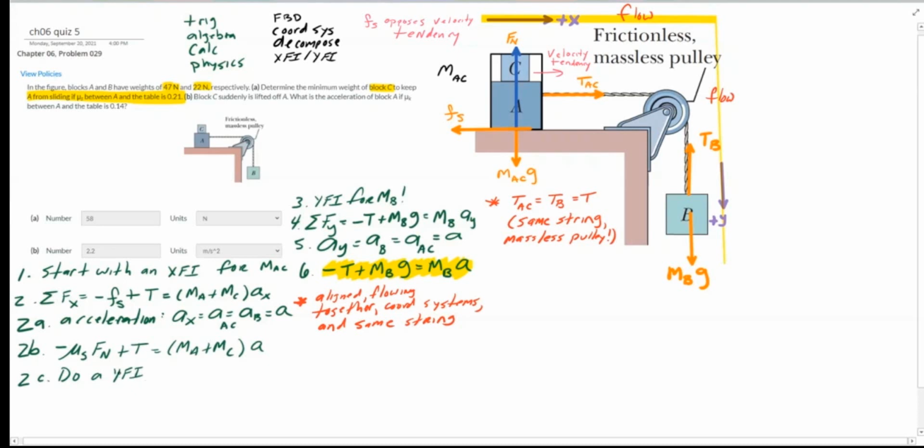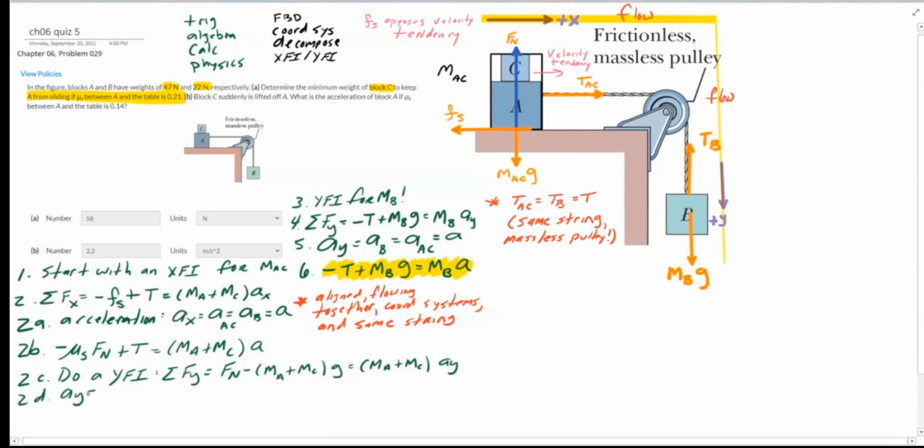You know what F sub N is equal to, but we're going to go through the steps anyway, because sometimes it won't be so easy to identify. The sum of all those Y forces acting on AC: I've got F sub N going up, and I've got weight going down. M_A plus M_C times G equals M times A sub Y, and we know that's equal to 0.